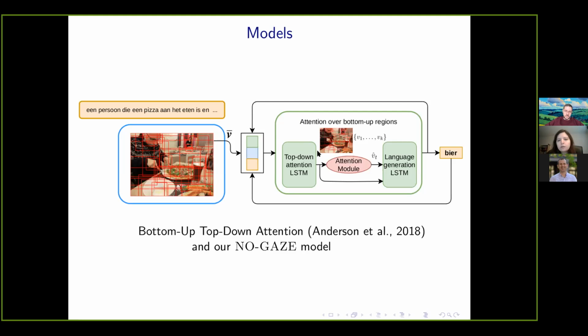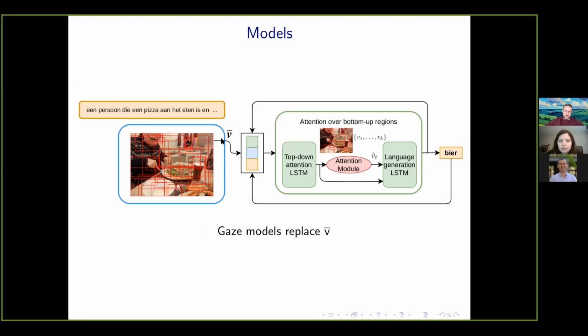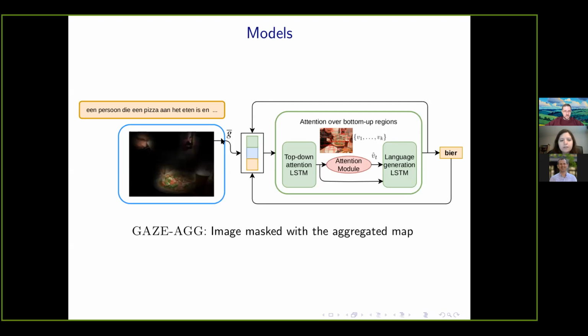So in our models, we don't give this V hat, but we replace it with the gaze-conditioned images. So here we have the gaze ag model, where we give the image masked with the aggregated map. At every time step of the generation, we give these exact same features to the model as input.